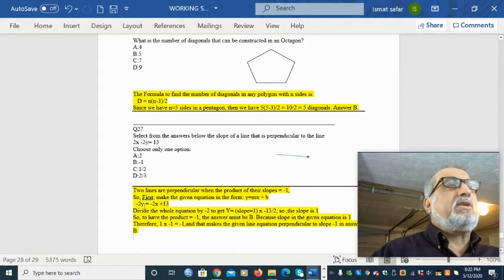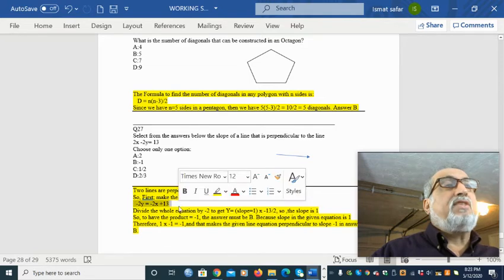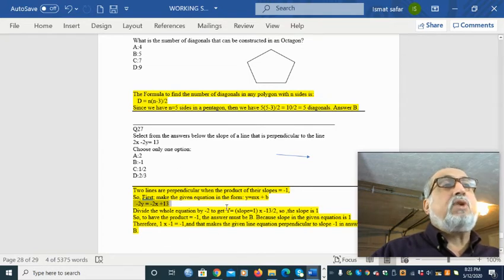If we divide this equation by -2, what we have left is y equals 1x minus 13 over 2.